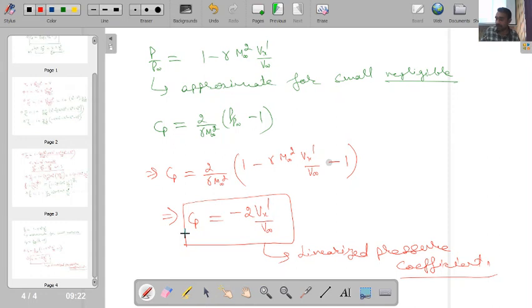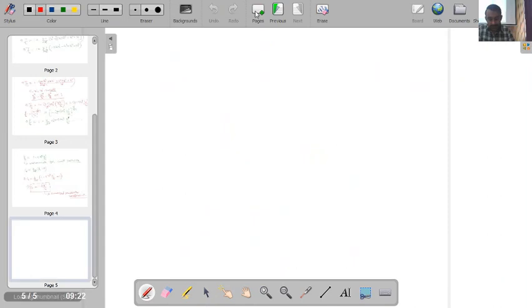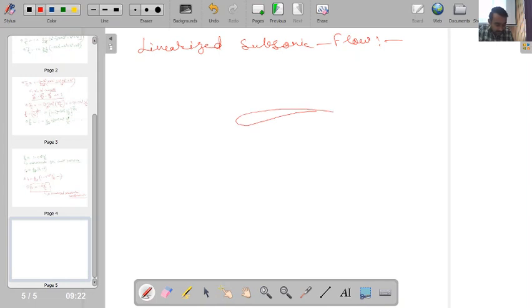Okay, so what we will do, we will take over here the example of a linearized subsonic flow. Okay. So in case of linearized subsonic flow, say I have considered some aerofoil. This is my thin aerofoil, and let's consider this is in the xy coordinate system.